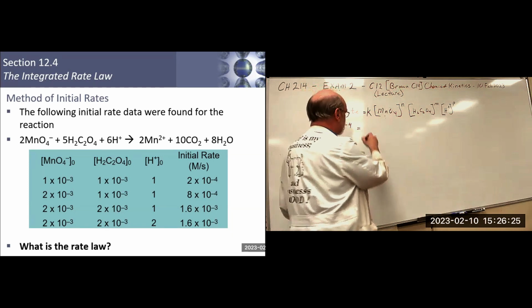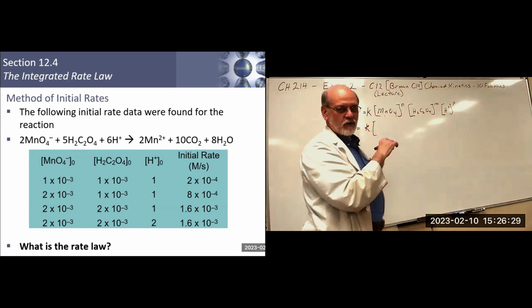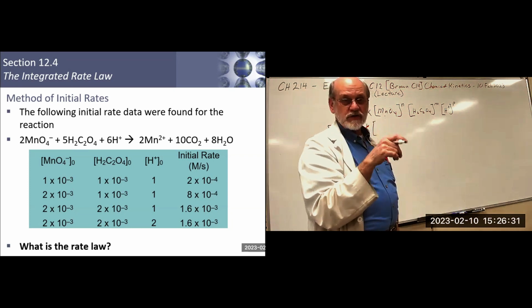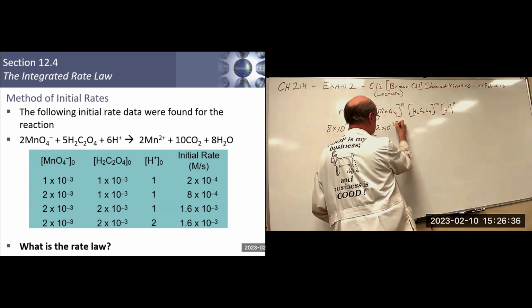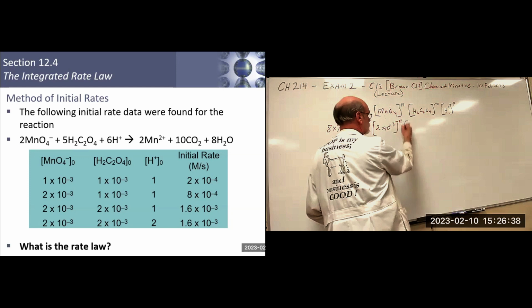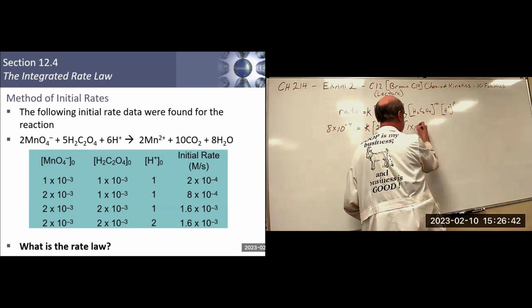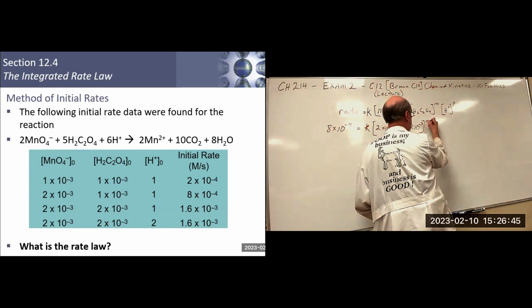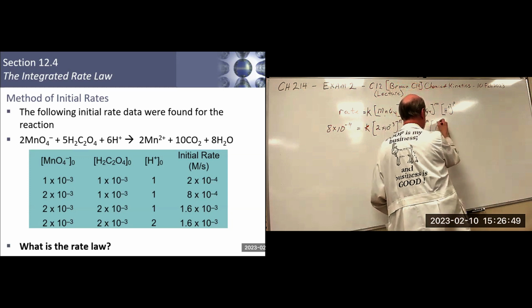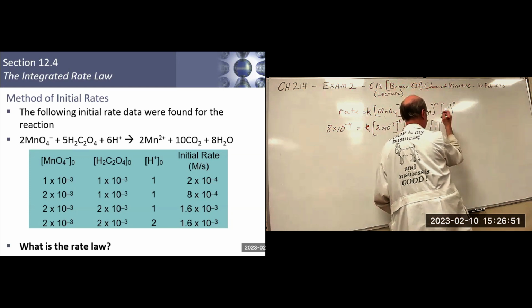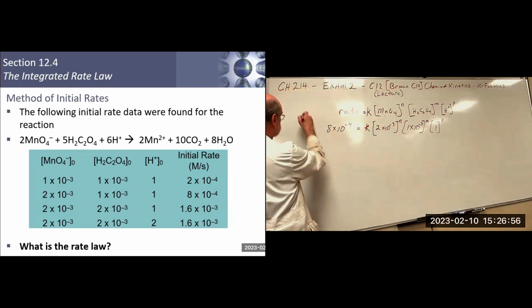And then we have a K value. And then we have a value for MnO4, which is 2 times 10 to the minus 3 to its order. And then we have 1 times 10 to the minus 3 to its order. And then the last one is the protons, 1 to its order. So this is experiment 2.